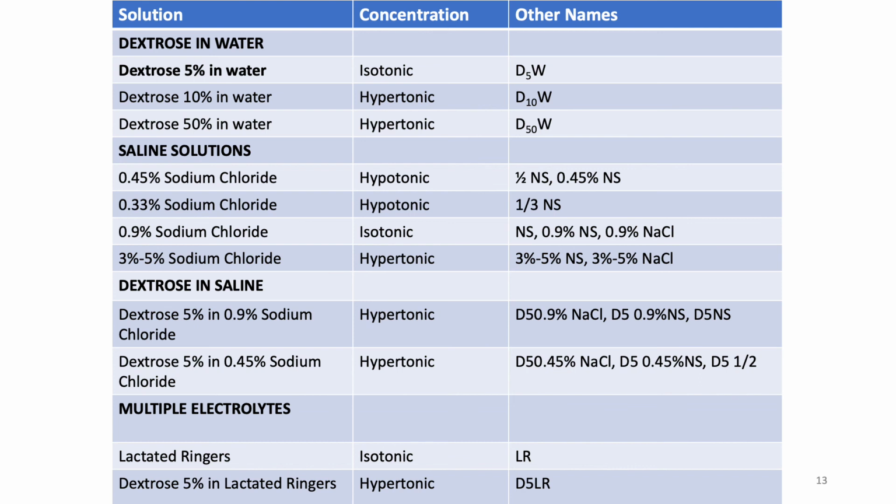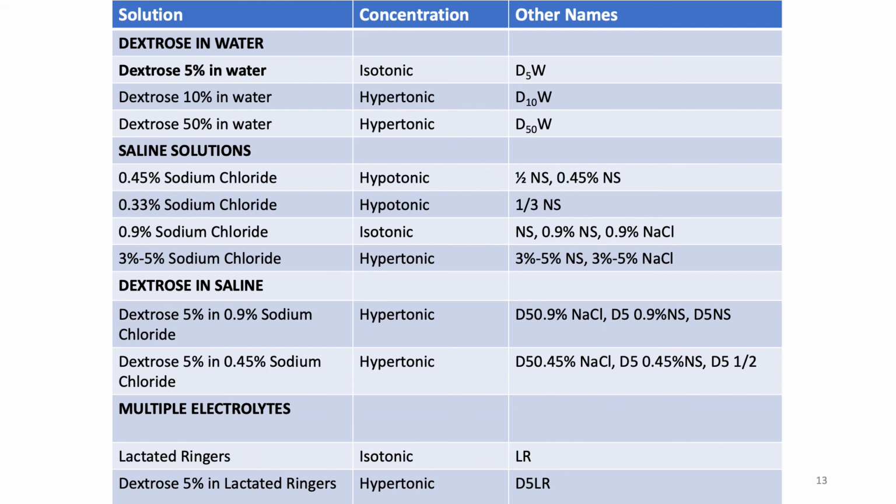So here we have a list of common IV solutions, and they are categorized by their concentration, whether they are isotonic, hypotonic, or hypertonic. On this list, you can see that there are 3 solutions that are considered isotonic.